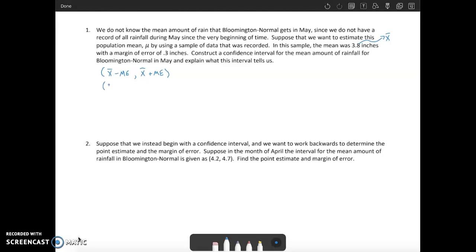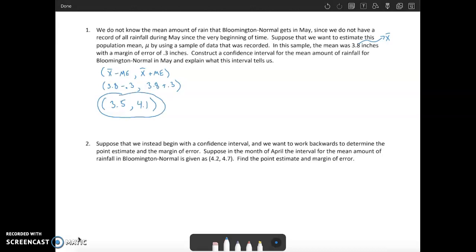The sample mean is 3.8 and the margin of error is 0.3. So we just say, okay, for the lower limit then 3.8 minus 0.3, and for the upper limit 3.8 plus 0.3. And those are fairly simple calculations, so I'm just going to do those. That is 3.5 for the lower limit and 4.1 for the upper limit. So that's our confidence interval.